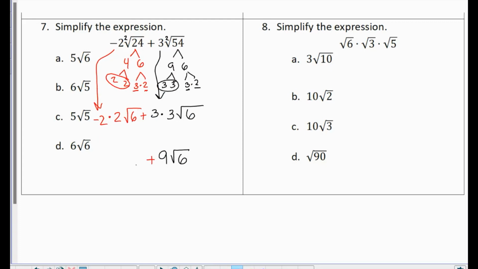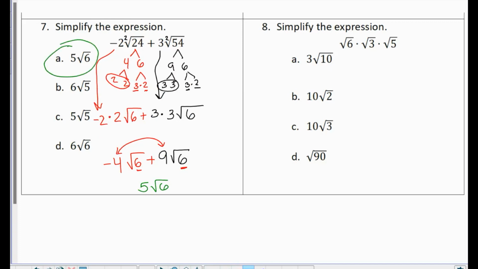So I can bring this down. I've got square root of 6, and negative 2 times 2 is negative 4. Once my radicands are the same, now that they're both 6, I can just do whatever operations my outside numbers are. Negative 4 plus 9 is 5. So I get 5 square root of 6, which is A.